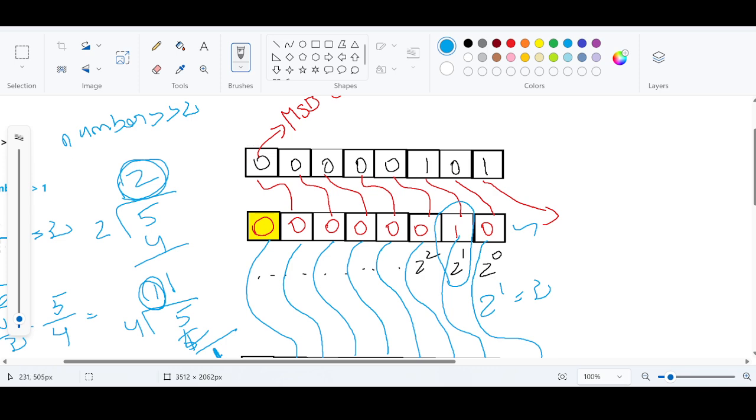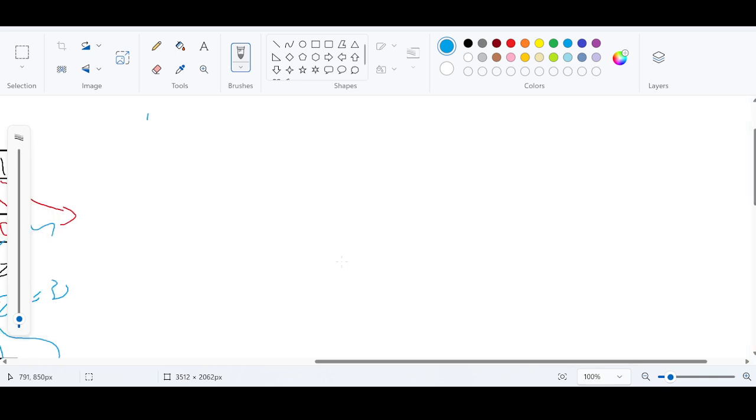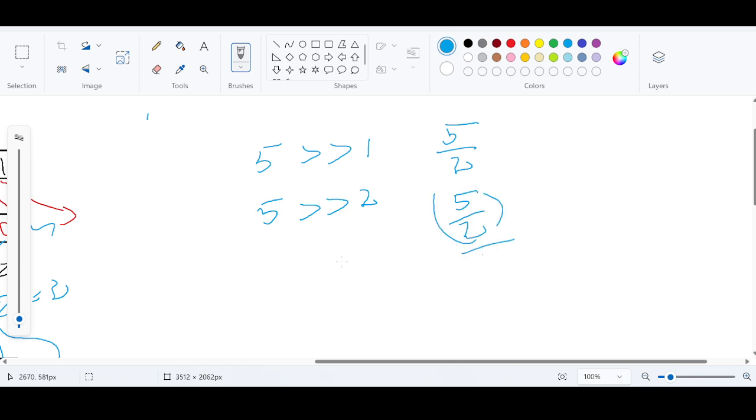Let me rewrite this once again. 5 right shift of 1 is nothing but 5 divided by 2. 5 right shift of 2 is nothing but 5 divided by 2, and this whole thing will get divided by 2 again. 5 right shift of 3 is nothing but 5 divided by 2, and this whole thing will get divided by 2 again.